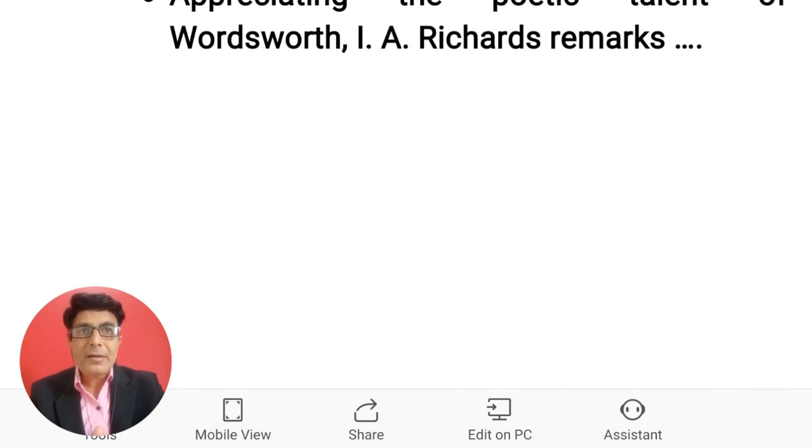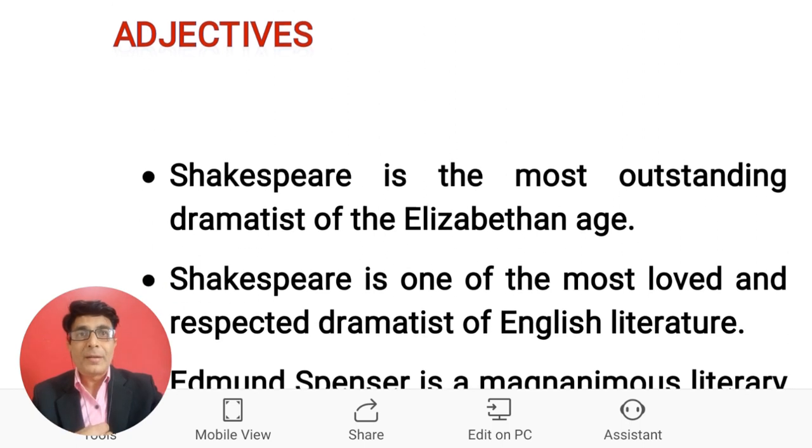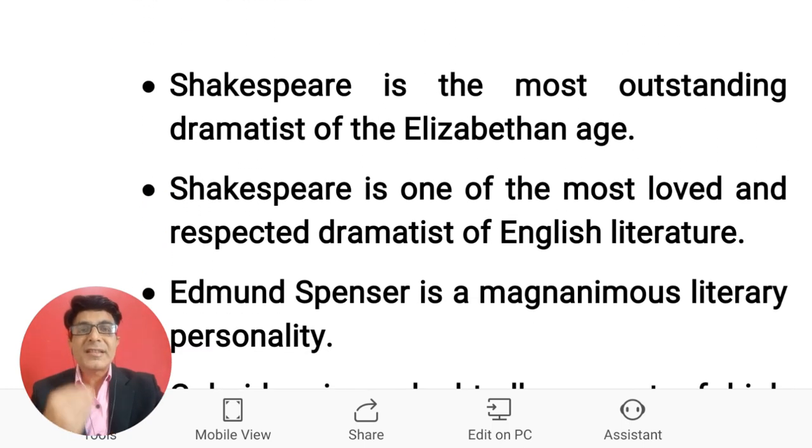In the same manner, the second important thing is that your language must be ornamental, must be full of figures of speech. Your language must be artistic. Why? Because you are the students of arts, you are the students of literature, right? You can use these sentences, you know, for any writer, for any answer.